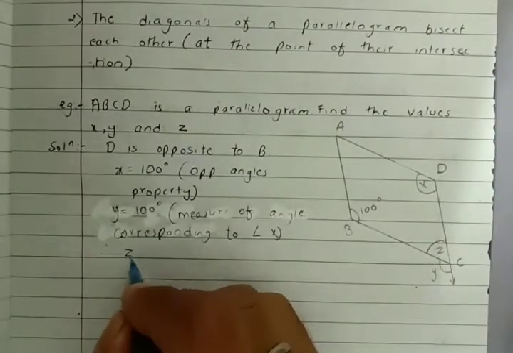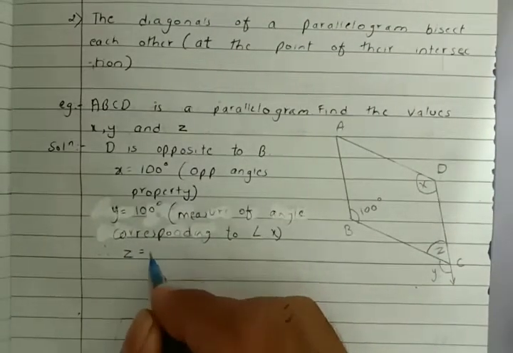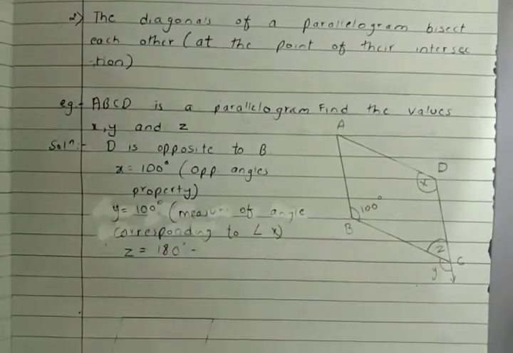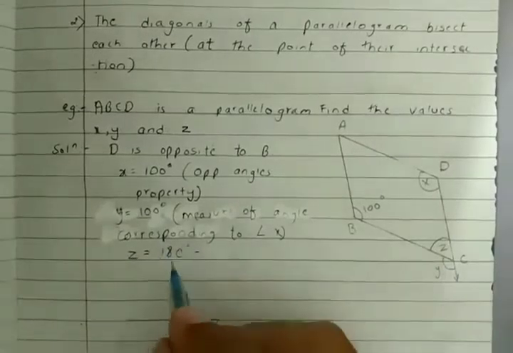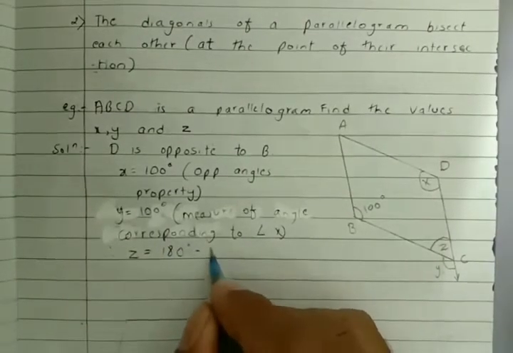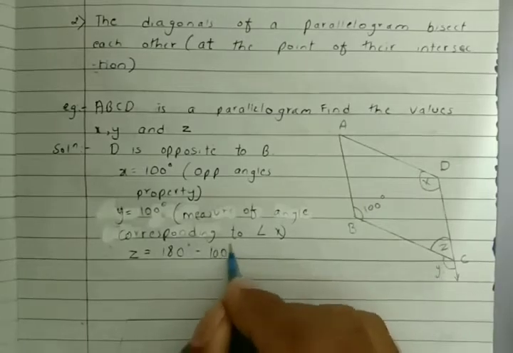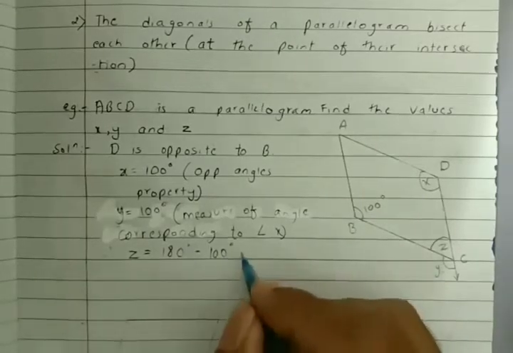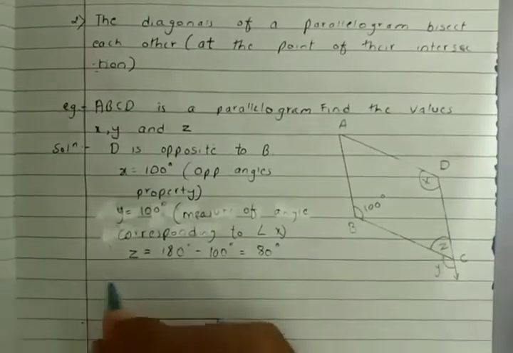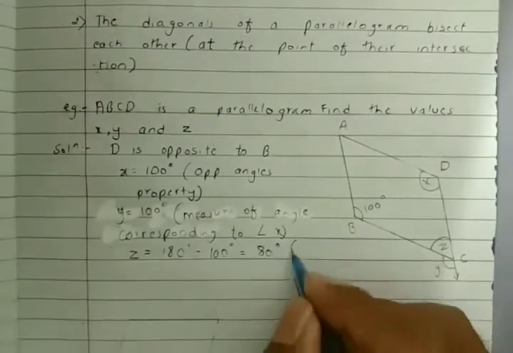Therefore the value of z equal to 180 degrees minus 100 degrees. So you will get 80 degrees. We will have to write the reason for that.